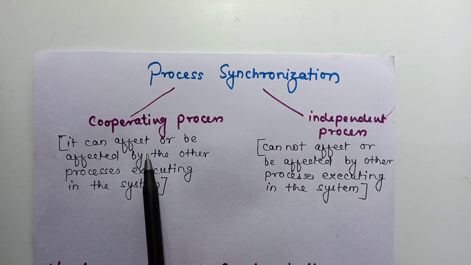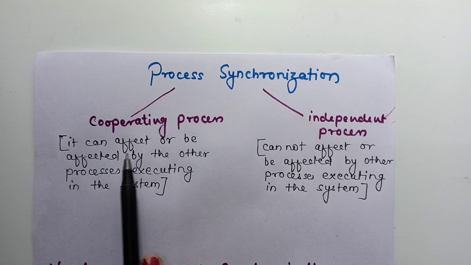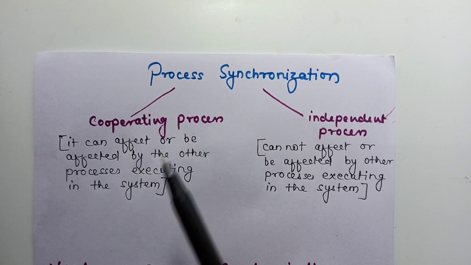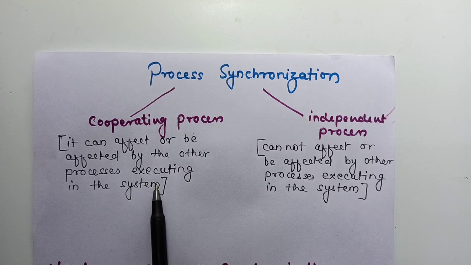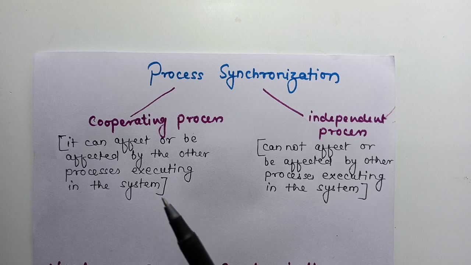On the other hand, there are some processes known as cooperating processes, and these processes can affect or be affected by the other processes executing in the system, right? That means any process that shares data with any other processes executing in the system is known as a cooperating process, because they are cooperating with each other by sharing some data, where the output of one process is taken as an input by another process.